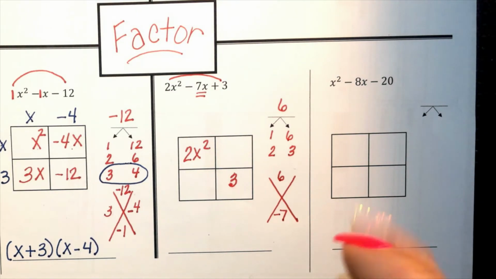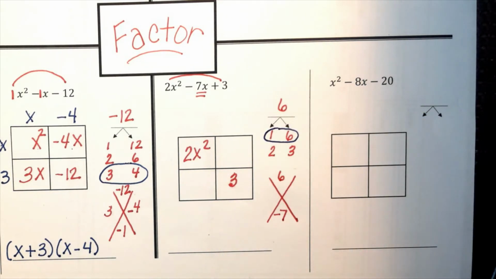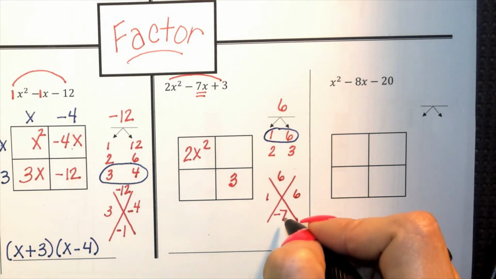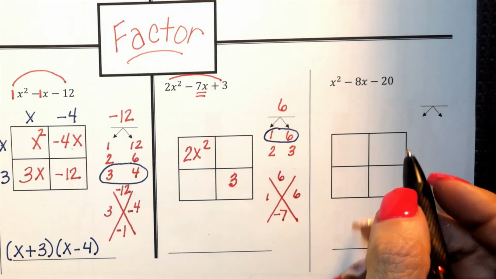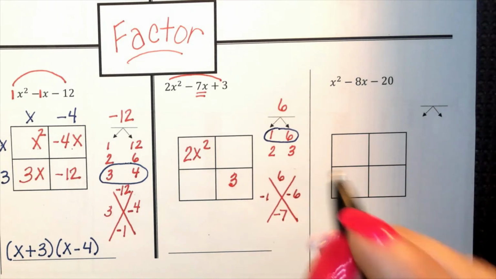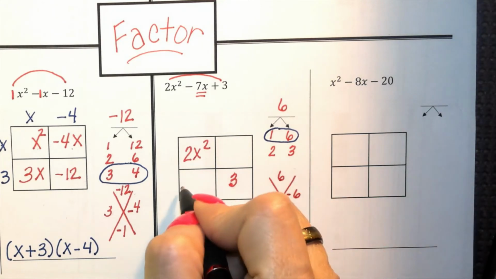I need a negative 7 and a positive 6, so negative 6 and negative 1. So I'm going to put those in here: negative 1x, negative 6x. Time to do the factors.